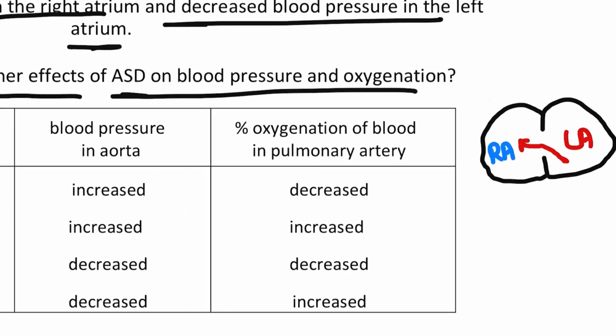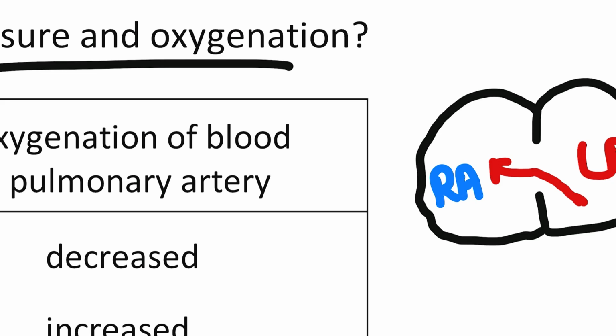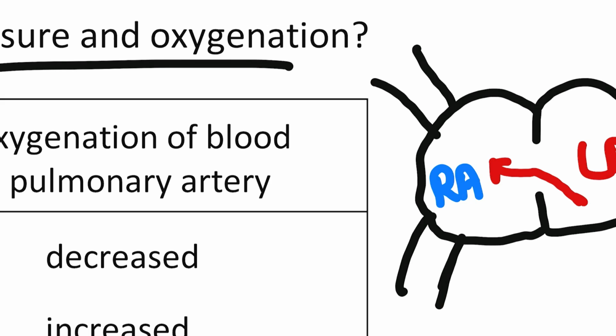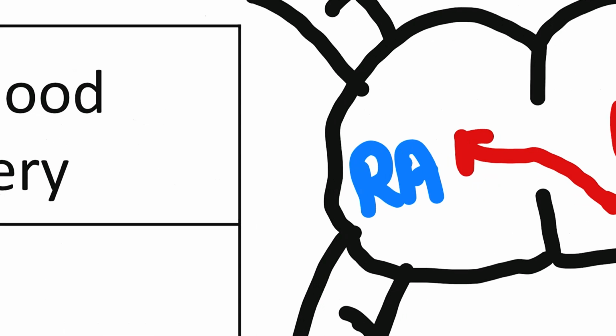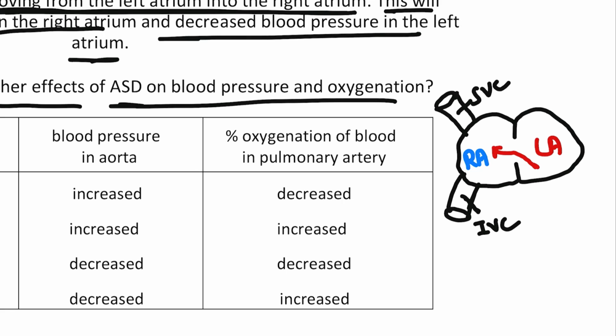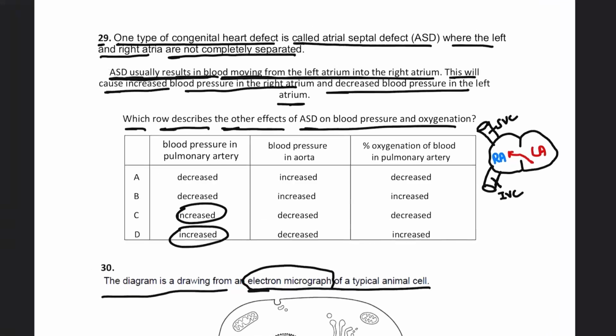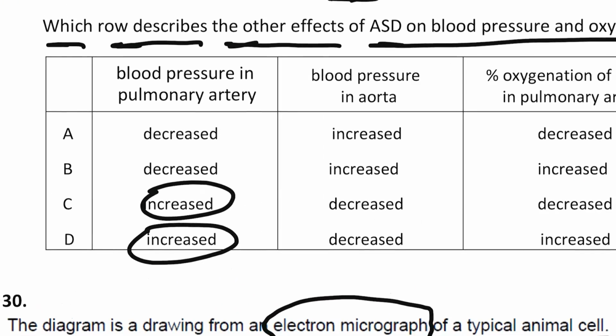Right atrium is receiving its own blood from the superior and inferior vena cava, and it is also receiving blood now from the left atrium. So right atrium is overloaded with the blood, and so is the right ventricle, and so is the pulmonary artery. So when the pulmonary artery is overloaded with blood, pressure in the pulmonary artery increases.